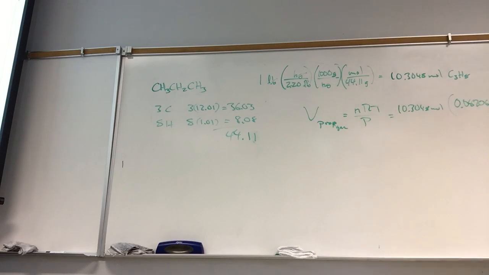And then I'm going to change this to bar, and that is that there are 1.01325 bar per atmosphere. And then T is 298 Kelvin, and then P is 1 bar.